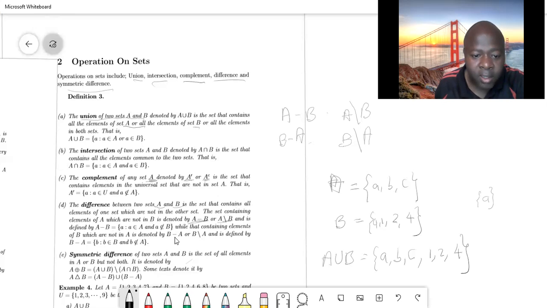Similarly, the set of elements which are in B but not in A will be denoted by this or this. Then we have the symmetric difference between two sets A and B.